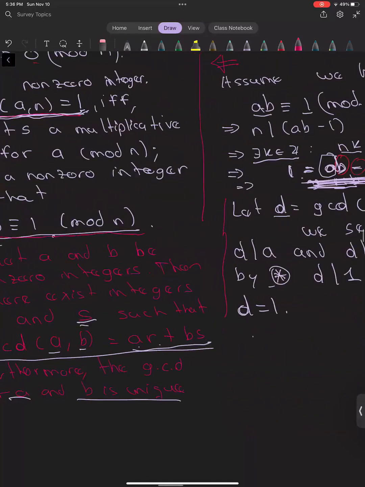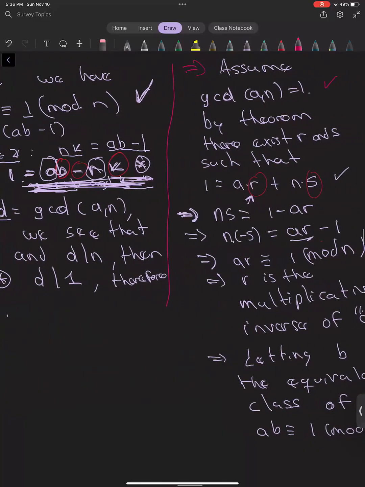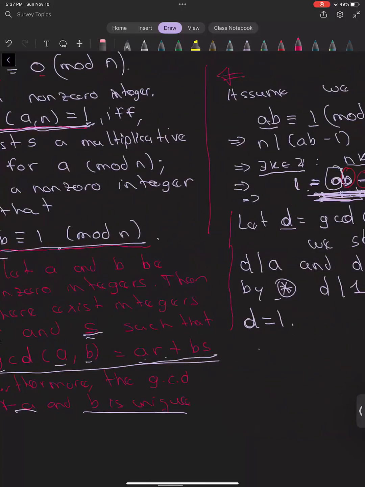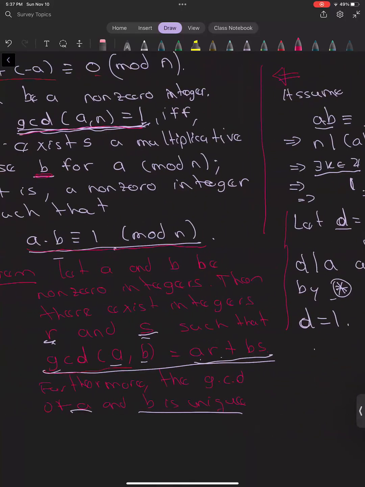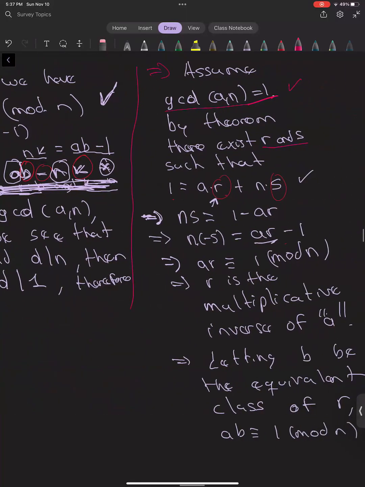By this theorem over here, there exist R and S such that 1 equals AR plus NS, because this is the greatest common divisor of A and N, which equals 1.